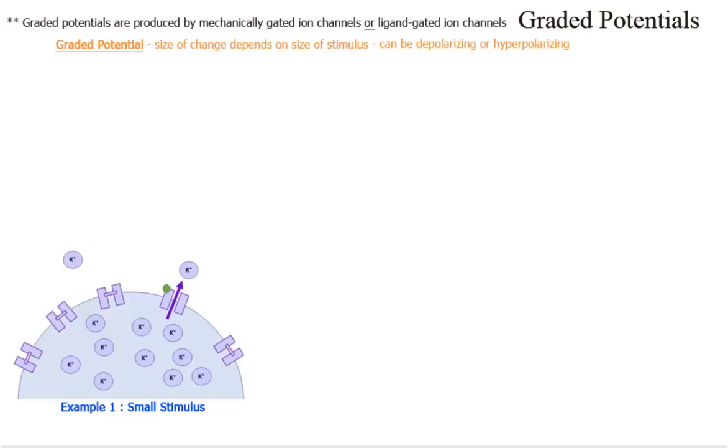So let's start with this picture here, showing a cell, and now we are just showing the potassium. So remember that potassium is of a higher concentration on the inside, lower concentration on the outside. And these are ligand-gated potassium channels. And the little green molecule is our stimulant, so our chemical stimulus.